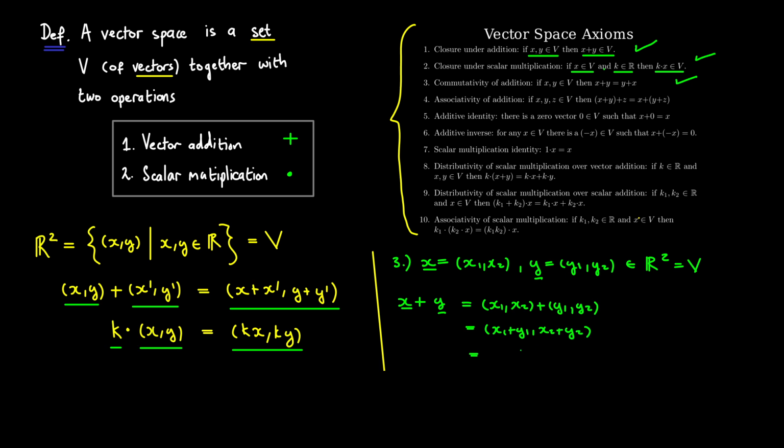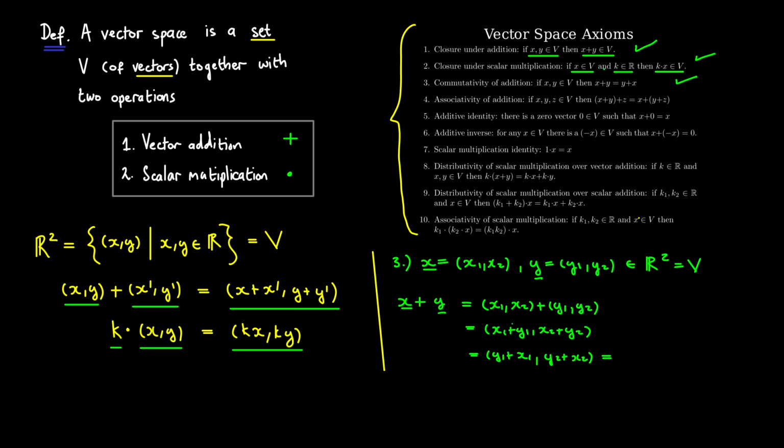And then we can swap numbers around. So commutativity of just ordinary addition is true. If a is a number and b is a number, then a plus b is equal to b plus a, as we all know. So this is just going to be equal to this. And so we have this here.